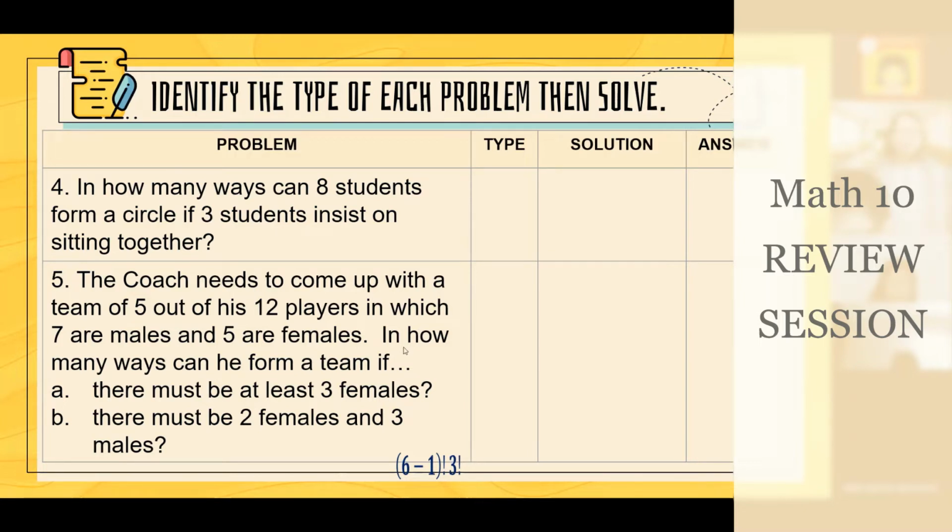Okay, let's have number 4. In how many ways can 8 students form a circle if 3 students insist on sitting together? Okay, what type of problem is this?